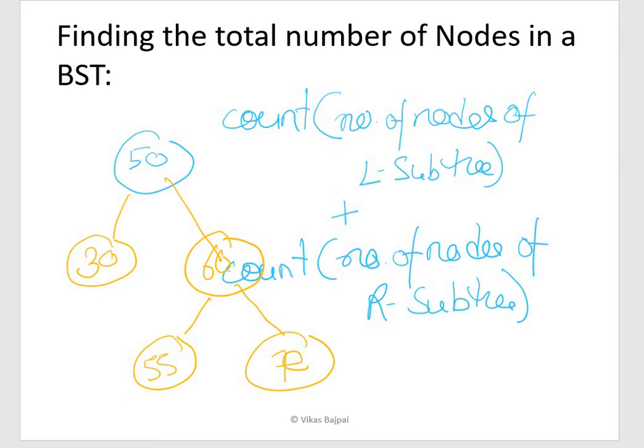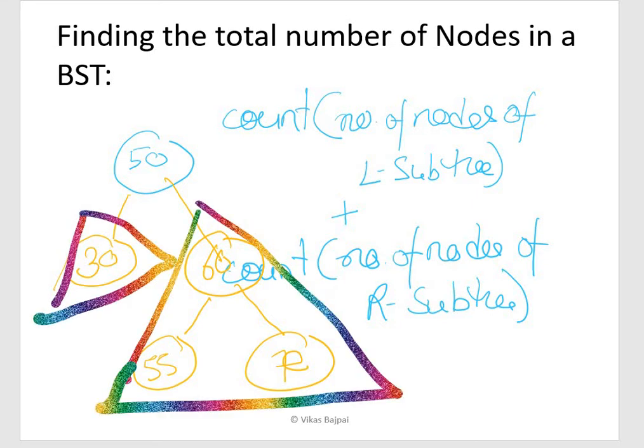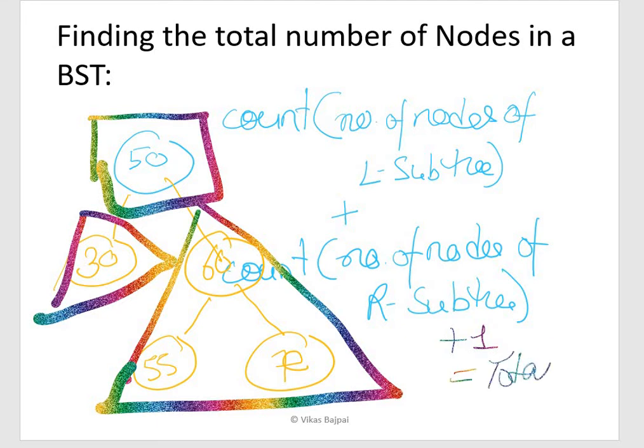What we are going to do is count the total number of nodes on the left subtree, count the total number of nodes on the right subtree, and then we identify that we are excluding something, which is the root node. So to this formula, I'll add 1 to it. That would give me the total number of nodes.